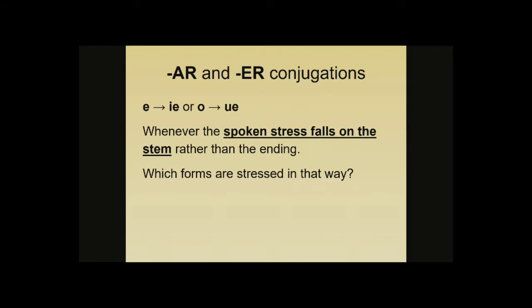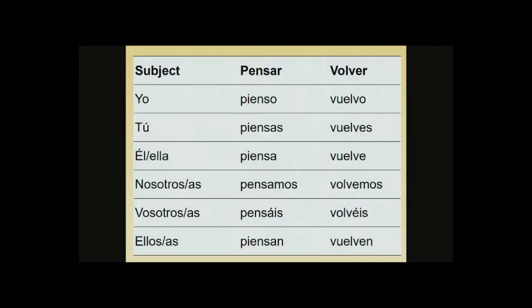So this change from e to ye and o to we is conditioned by whether the stress falls on the stem or not. When it falls on the stem, you get ye or we, and when it falls on the ending, you don't get that. So, let me illustrate.